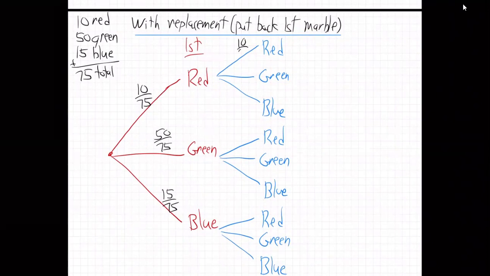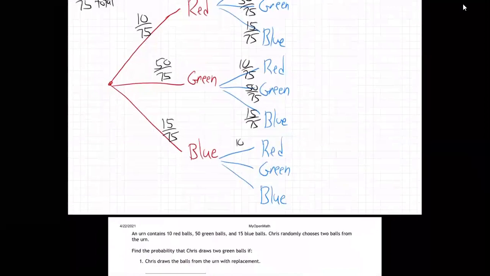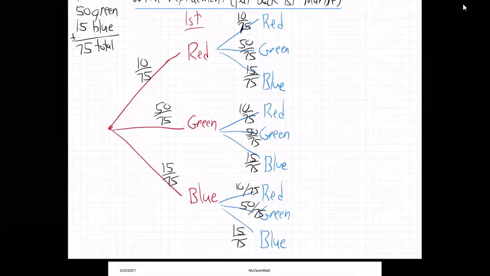So all the red branchings are 10 out of 75, 50 out of 75, and 15 out of 75, all the way across. All right, no change.